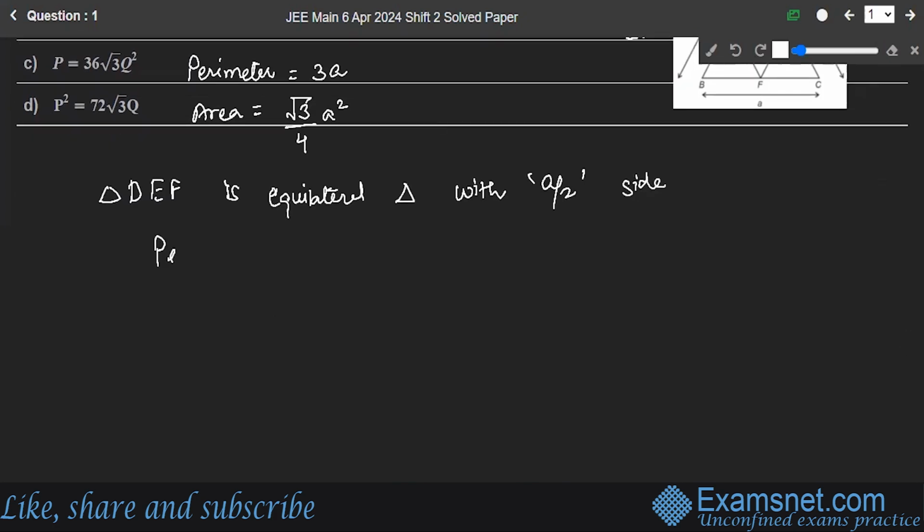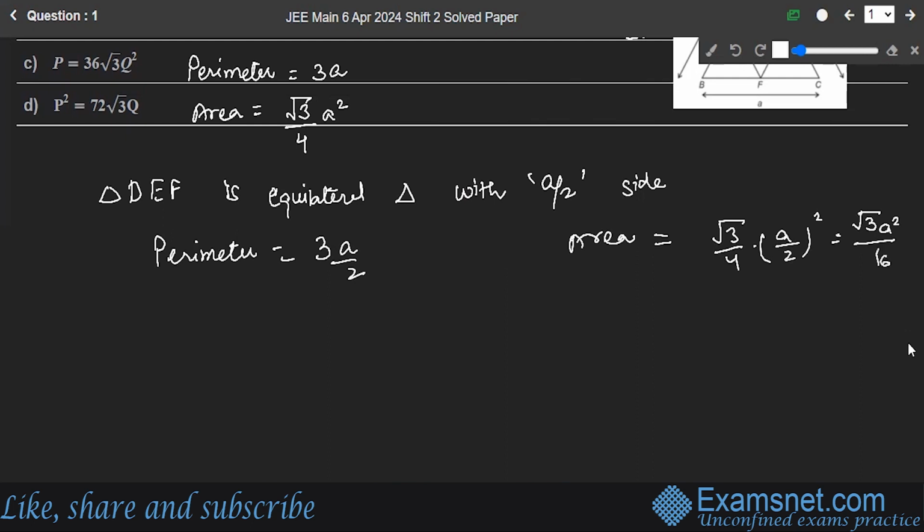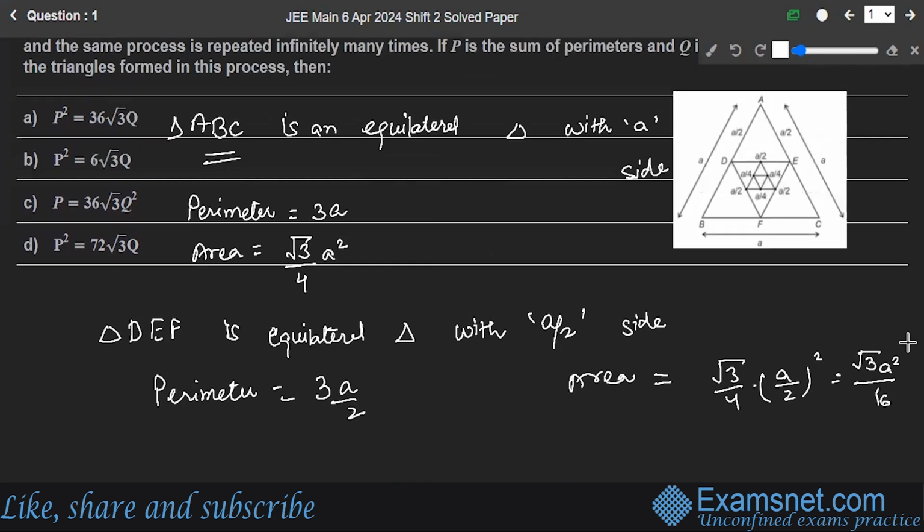So what will be the perimeter this time? It will be 3A/2, and the area will be √3/4 into side square, which will be √3A² upon 16, right?